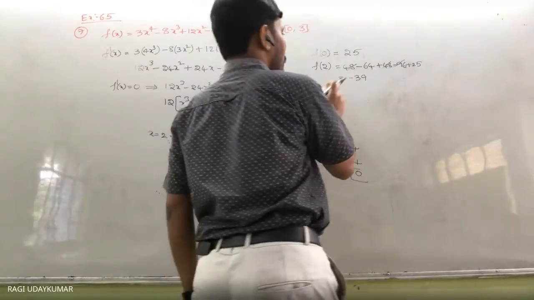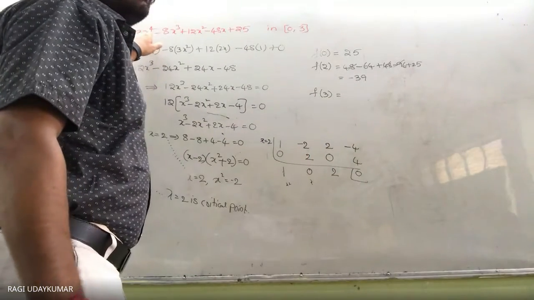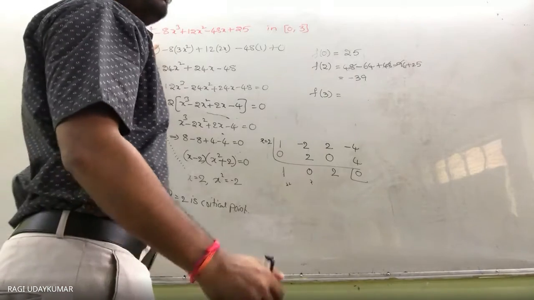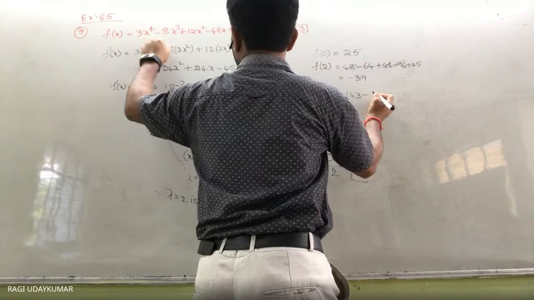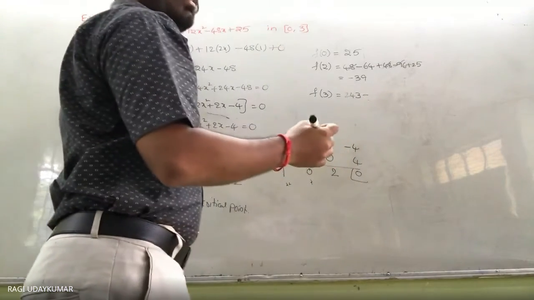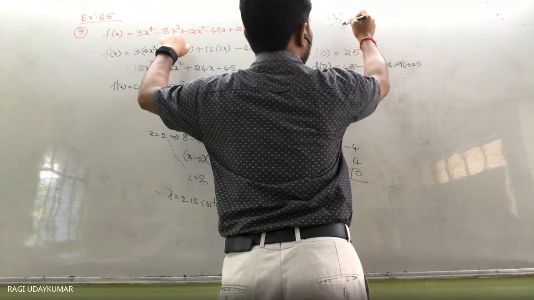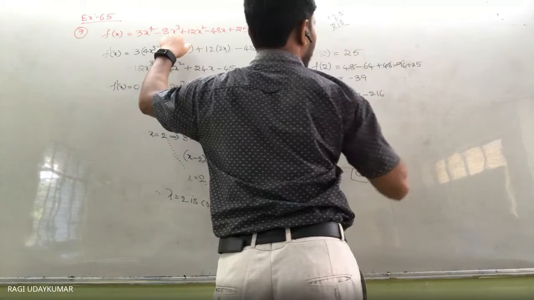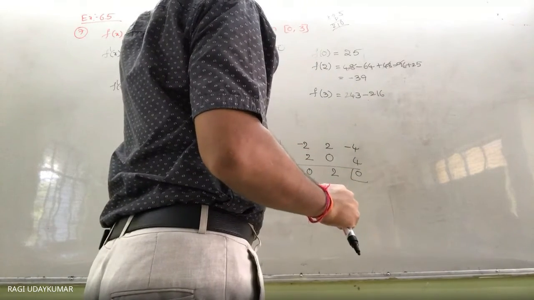So f of 3 is equal to, 3 substitute करना, 3 power 4 value 81 into 3, 243, minus 3 cube 27 into 8, 7 8 56, 8 2 is 16, 216. सही है ना, 27 into 8.